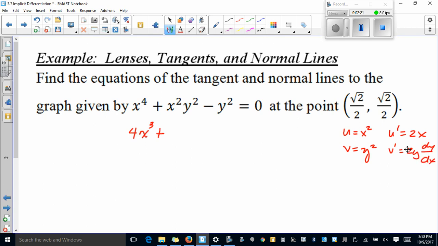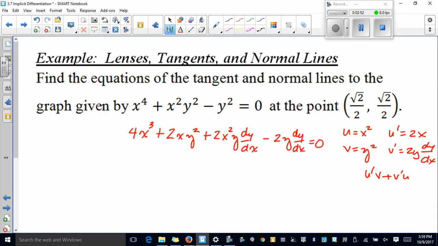So 2x y squared, and this way is going to be 2x squared y dy dx, minus 2y dy dx equals the derivative of a constant, which is just 0.